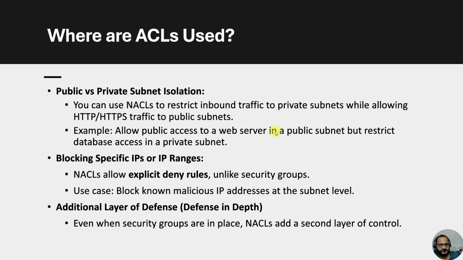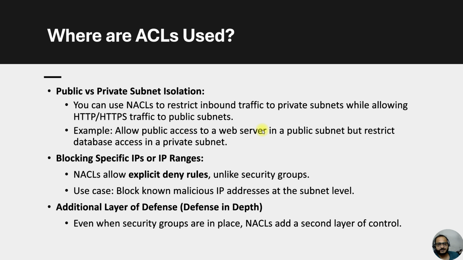Now the question is, where are ACLs used? First, public versus private subnet isolation. If you need segregation in your network, like you want a public subnet and a private subnet in different places, then you can use a network access control list. You can allow or deny traffic based on your requirement.